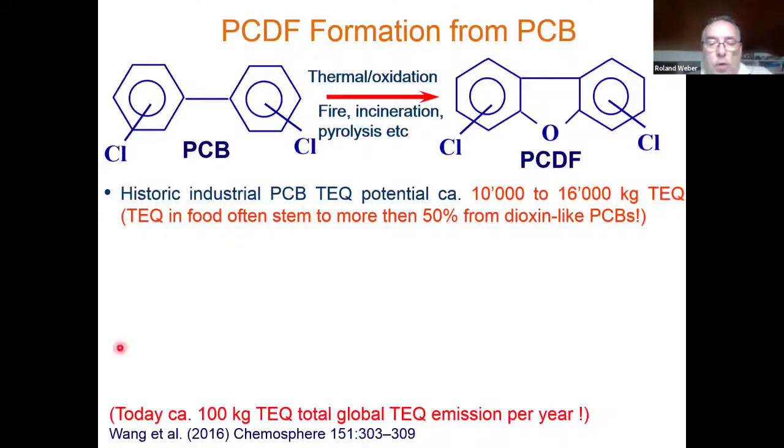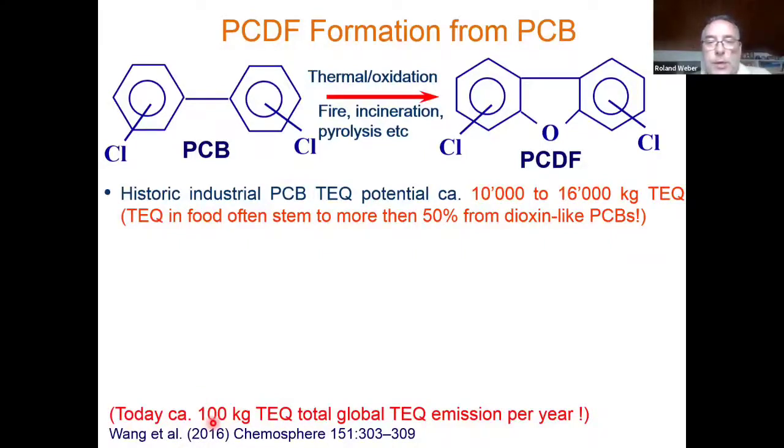So when you today compile all available dioxin inventories and even do an estimate for all the 190 countries, the estimate is about 100 kilogram TEQ of total global TEQ emission per year, 100 kilogram.